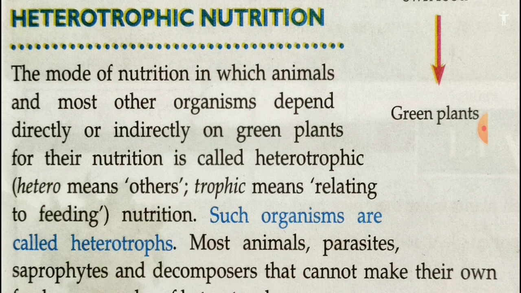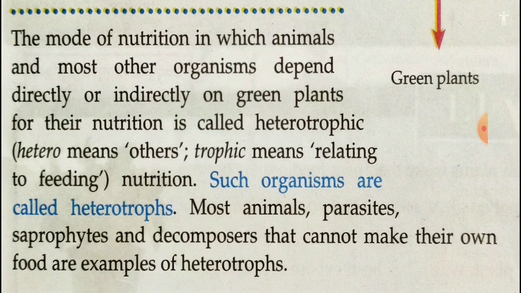Such organisms are known as heterotrophs, like parasites, saprophytes, decomposers. They are not making their own food, they are getting food from others, mostly from the plants. Now I have told you about autotrophic nutrition and heterotrophic nutrition.